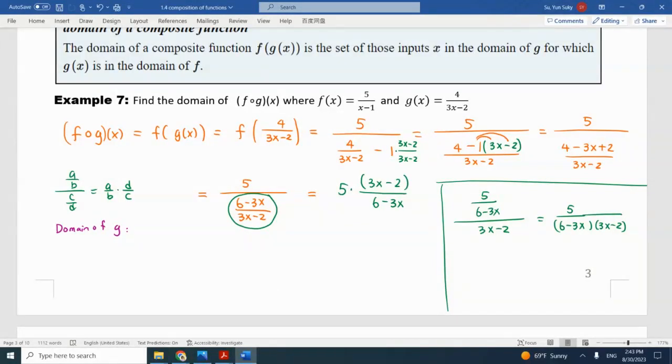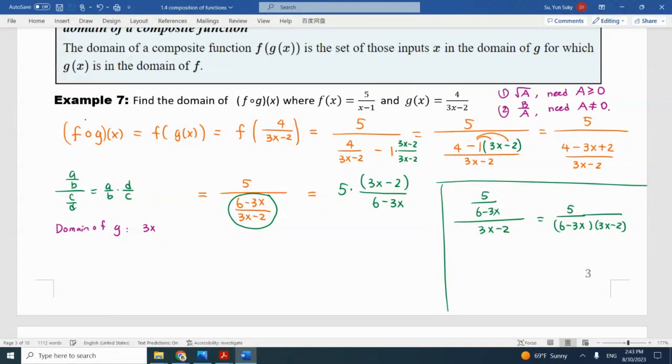Let me remind you. For the domain, you look at two things. Do you see square roots? If you see a square root, you need the things inside the square root to be greater than or equal to 0. And the second thing is, do you see fractions? If you see a fraction, you need the denominator not equal to 0. Right, everybody? So this is G. Do you see square roots? No. Do you see fractions? Yes. So your denominator cannot be 0.